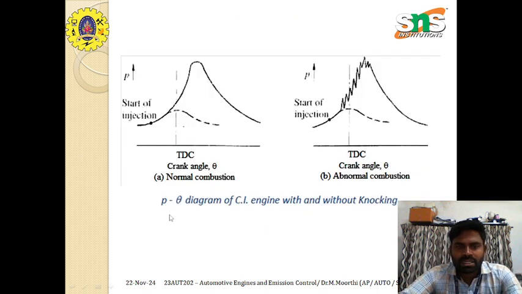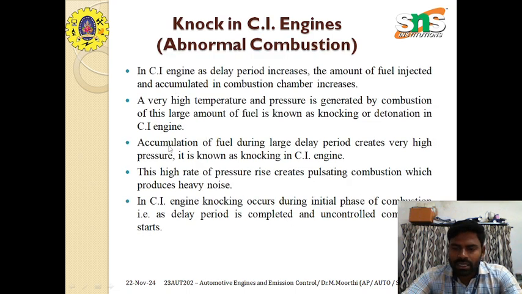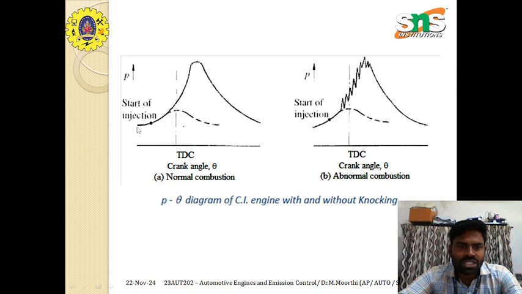See here the pressure-crank angle diagram of a CI engine with and without knocking. In the first phase, see the start of injection, that is the fuel injection, and then the pressure increases and goes up. It goes up smoothly, meaning a smooth combustion process is taking place. Once the fuel is completely burned, it attains the maximum pressure and then comes down, meaning the pressure is released during the expansion stroke.